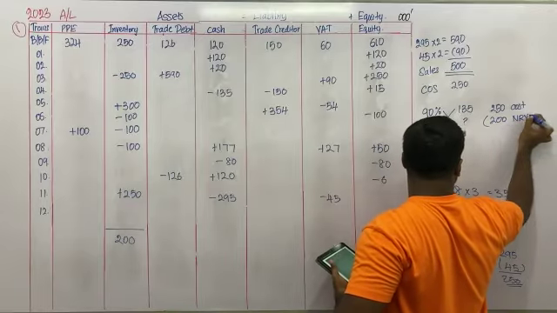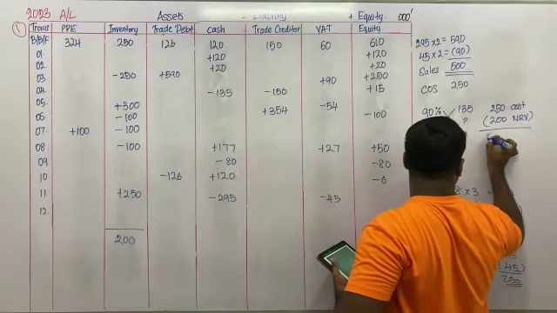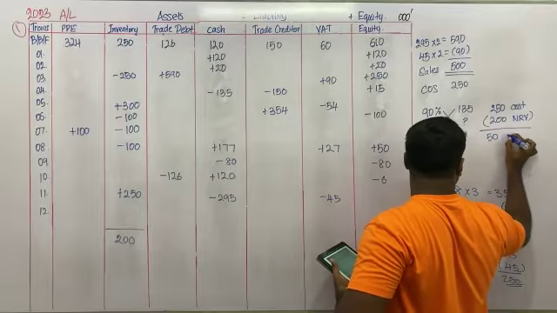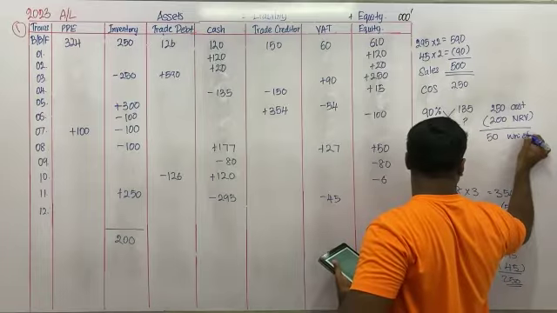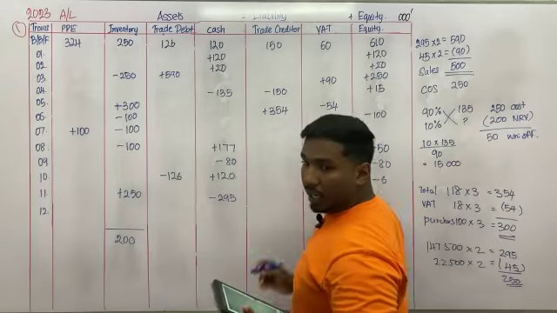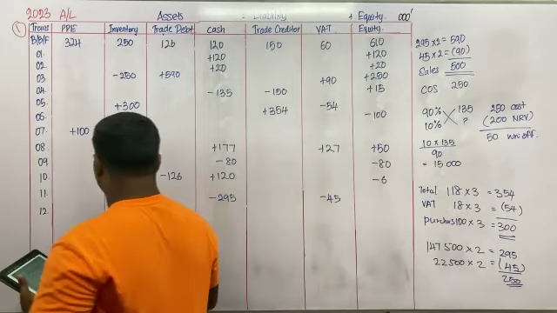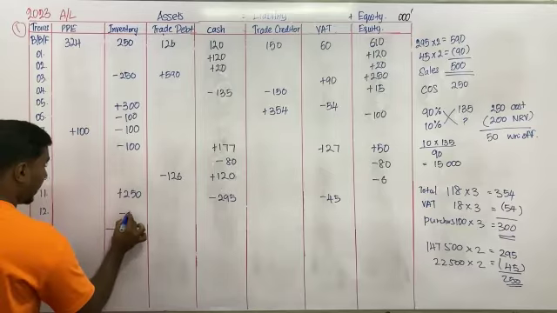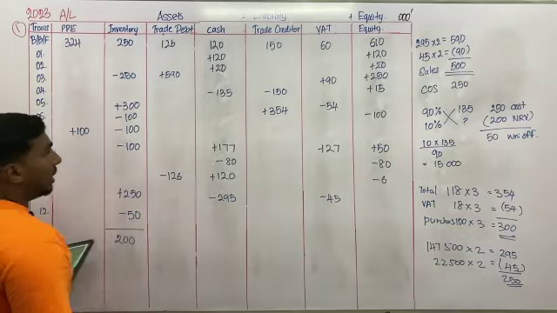So the balance of 50,000 is the inventory written off.